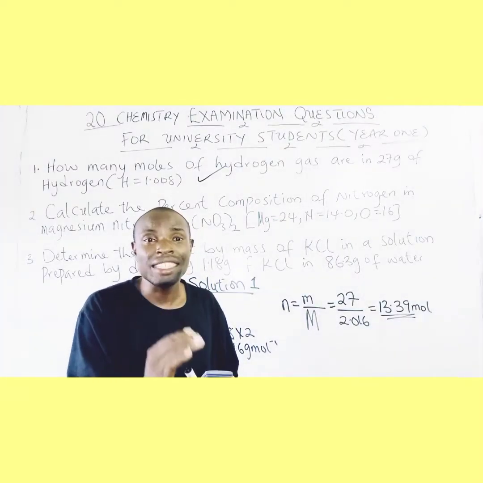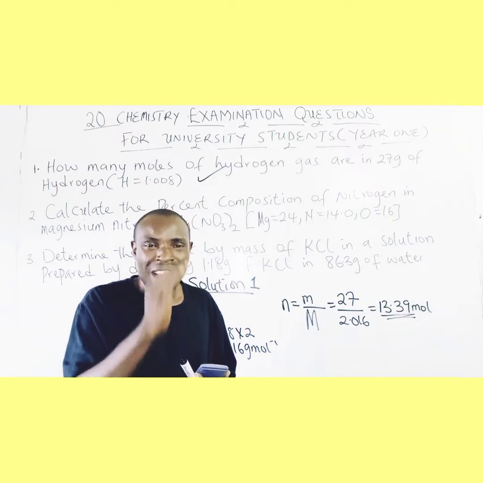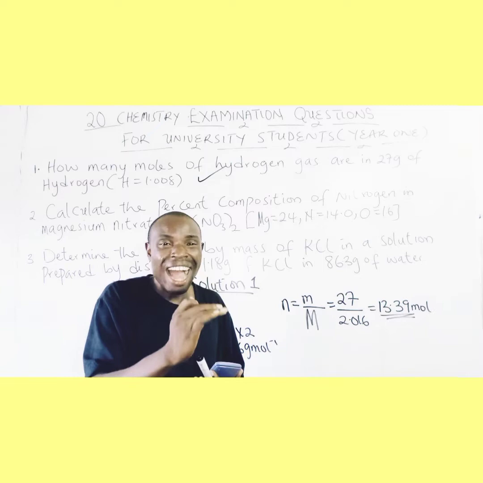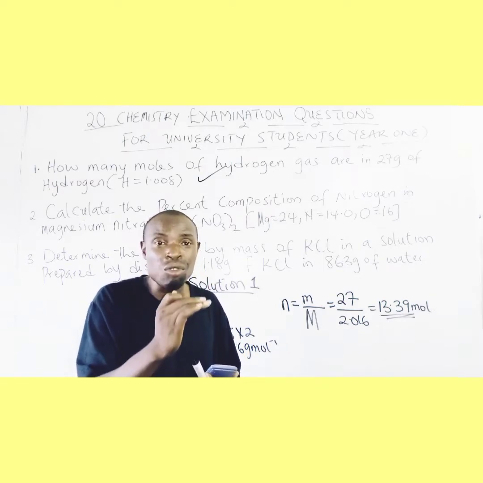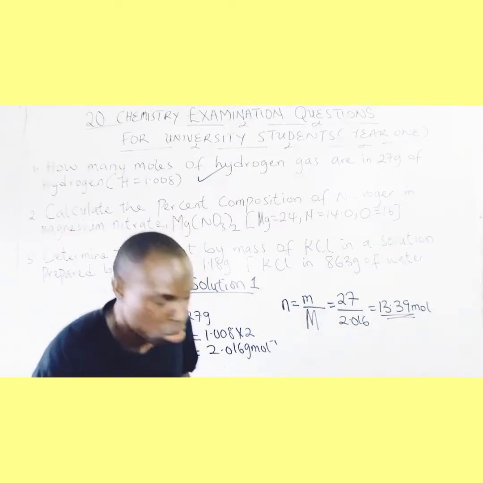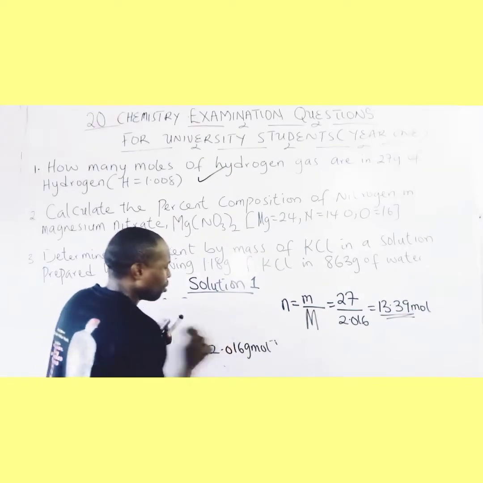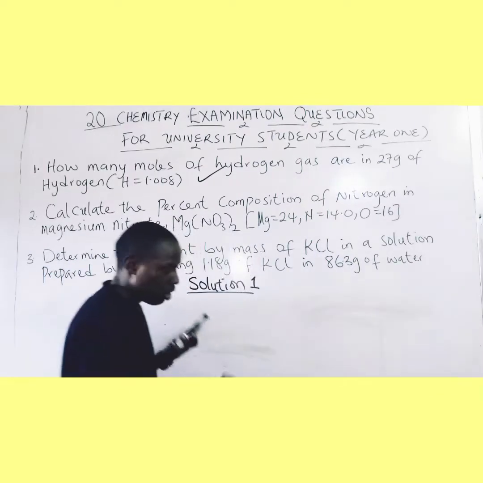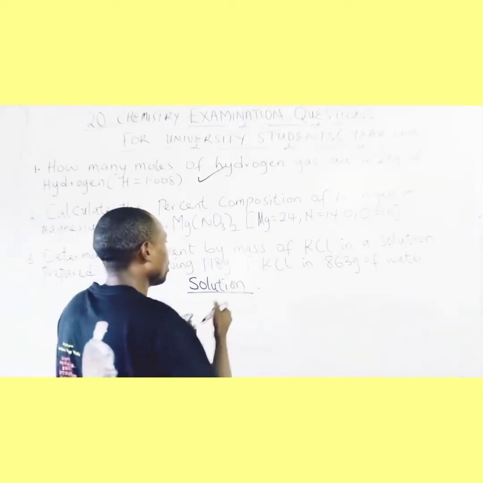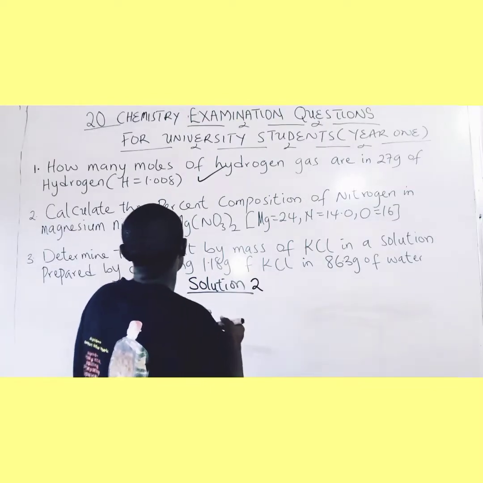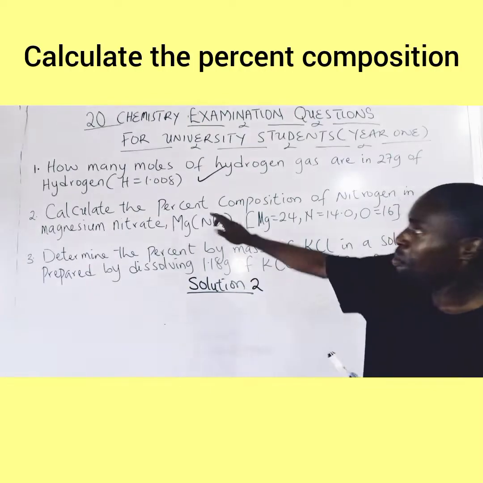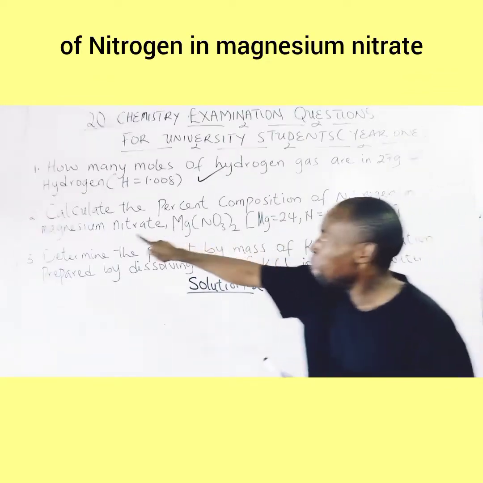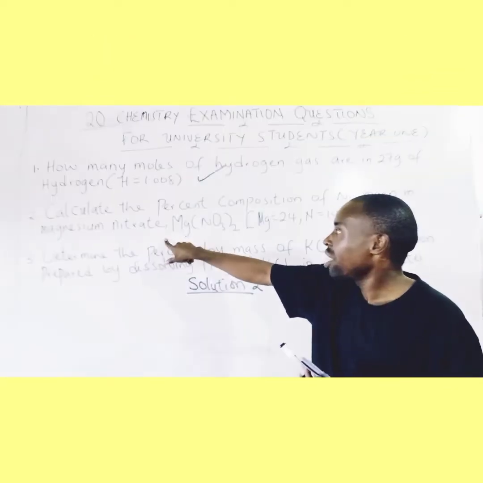As I often tell you, calculations in chemistry are not difficult at all. We'll be taking our time to go through the top 20, and I'm so sure they will be relevant to you in your examinations. So, question number two says, calculate the percent composition of nitrogen in magnesium nitrate.